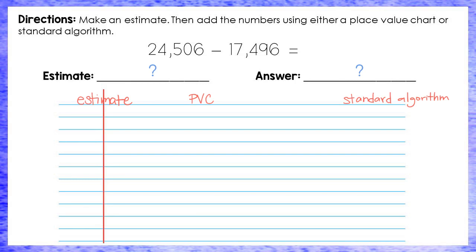So we would say, does 24,506 round down to 24,000 or up to 25,000? Well, whenever we have 500 or more, we always have to round up. So we're going to round up to 25,000.